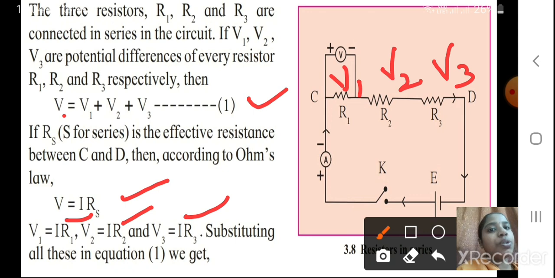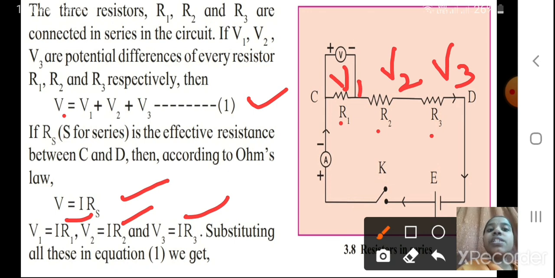Okay students, did you understand this? I have applied Ohm's law to all these three resistors. So it became V1 = IR1, V2 = IR2 and V3 = IR3. As the current flowing is constant, a constant value of current, I am not writing it as I1, I2 and I3.